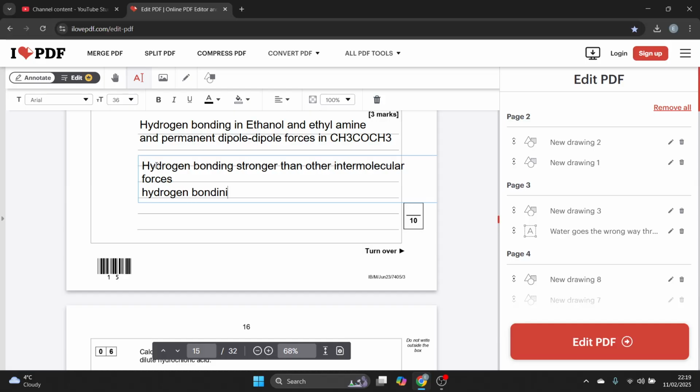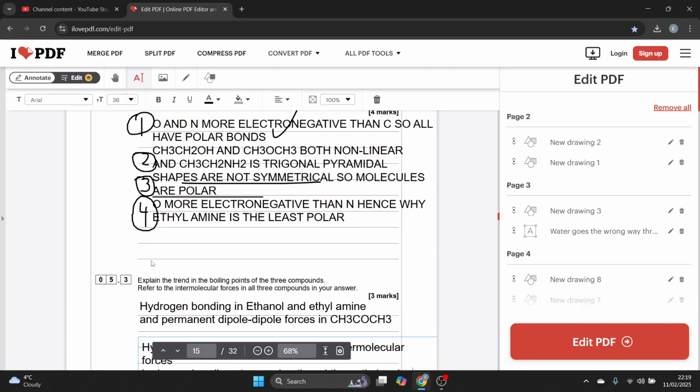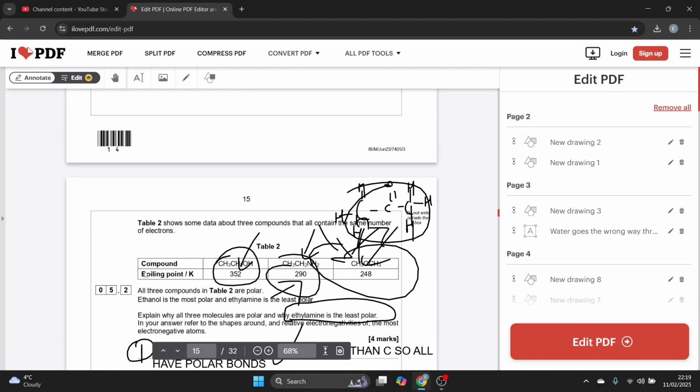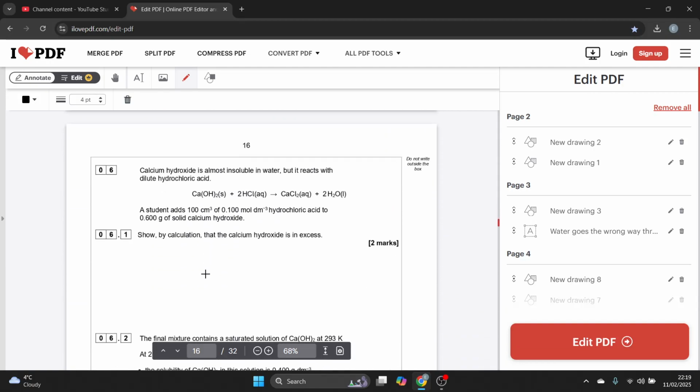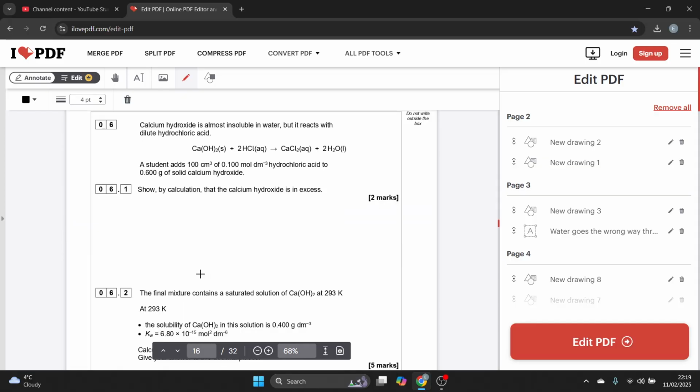Hydrogen bonding is stronger in ethanol than ethylamine, because oxygen is more electronegative, so stronger hydrogen bonding.